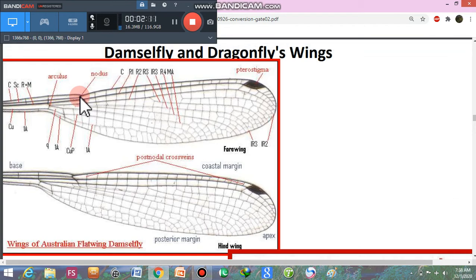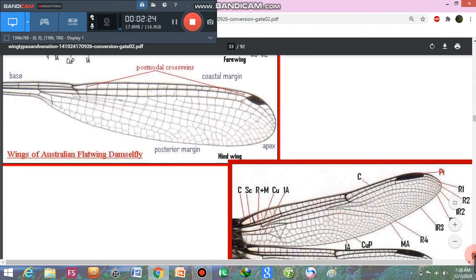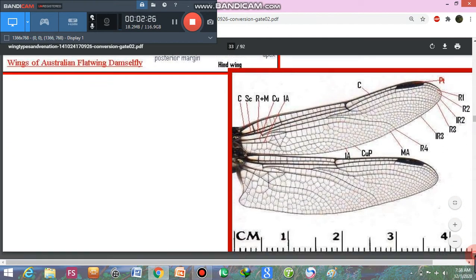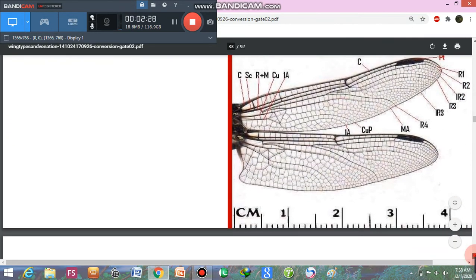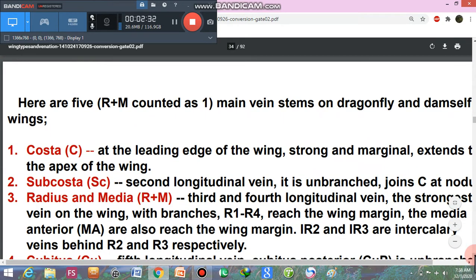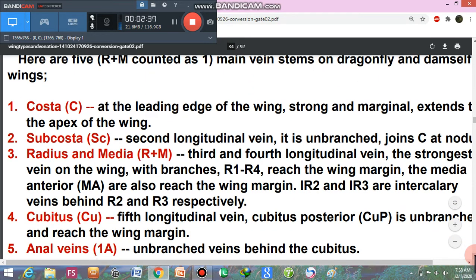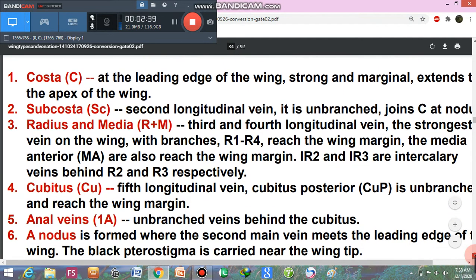It meets the terminal end of the wing. Here you can see different wing venation. This is a further description of the wing venation of each insect, the fly and the dragonfly.